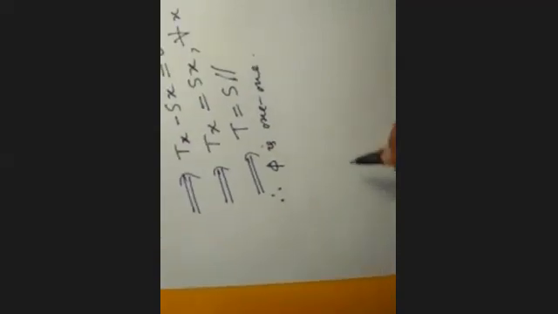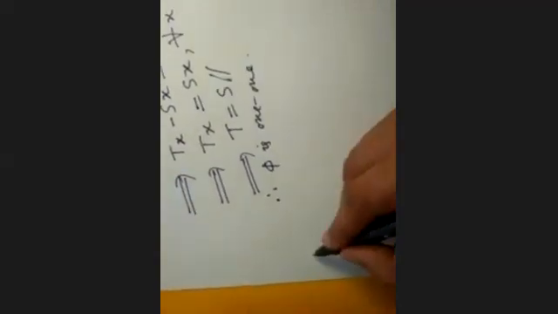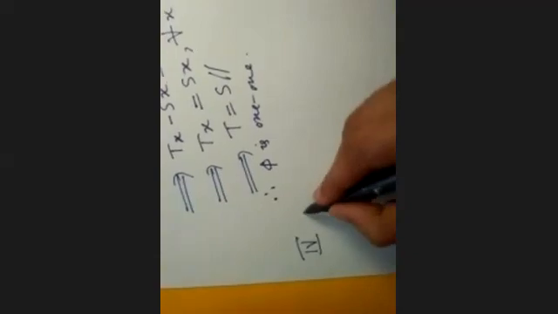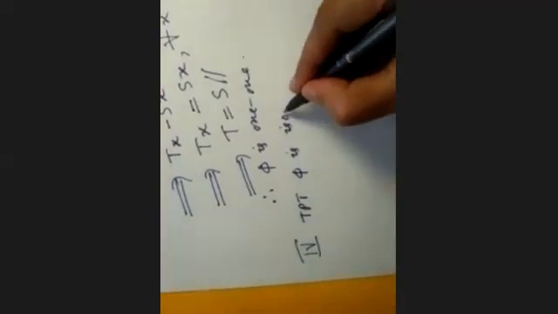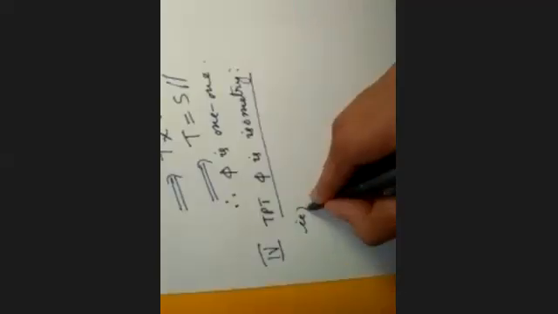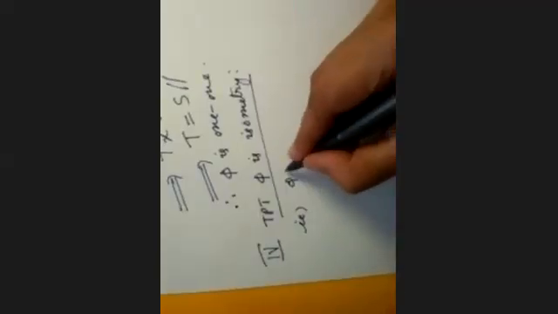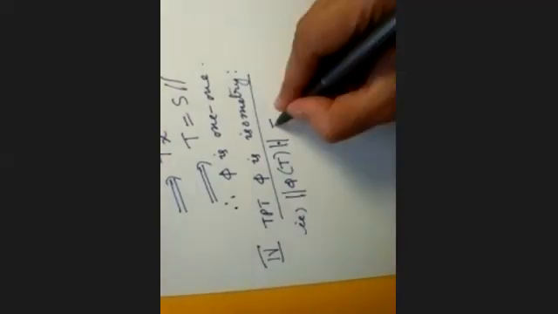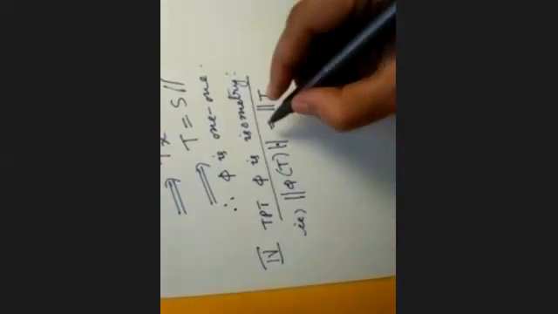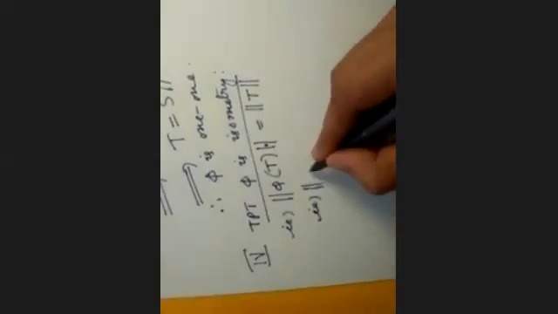Now the last step, step 4, to prove that phi is isometric. That is, I have to prove that the norm of phi of T is equal to norm T. What is phi of T?